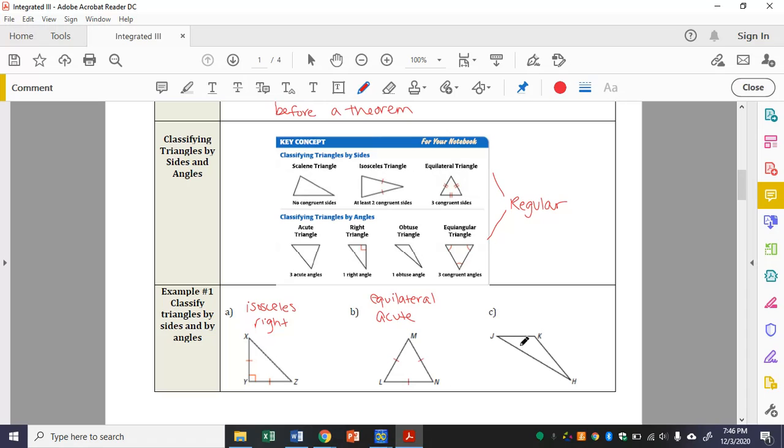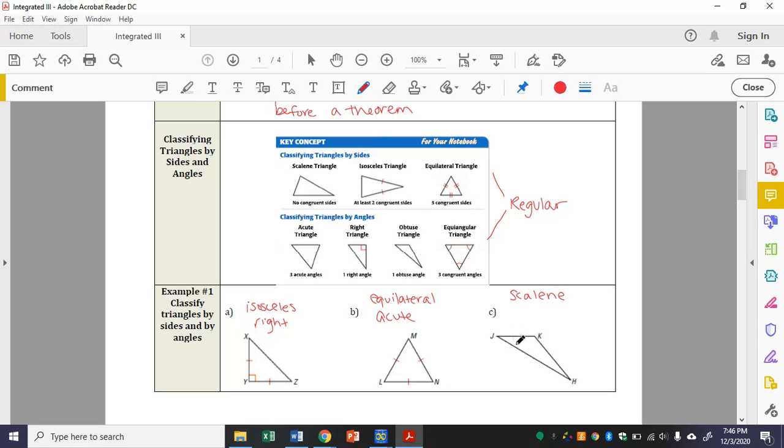And then I just have a triangle and it doesn't look like I have any markings on my diagram. So this length JK is different from this length KH, which is different from this length JH. All 3 of these sides have different lengths. Because they are all different lengths, we call this a scalene triangle.